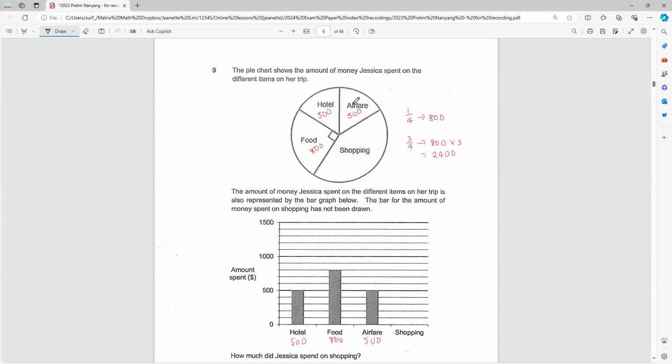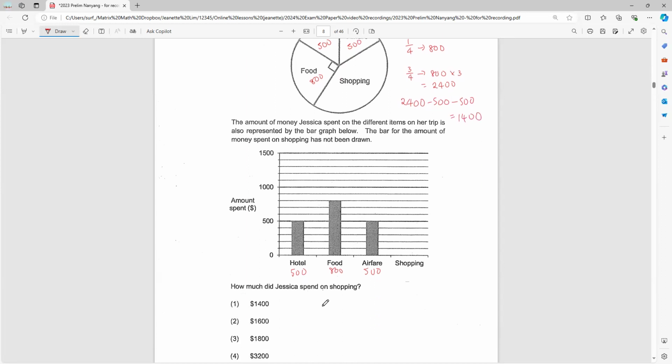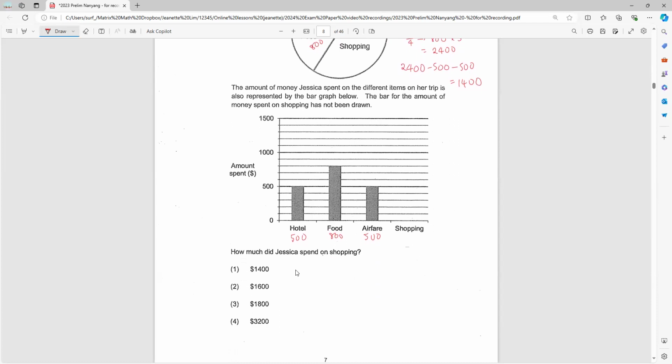Then you minus away hotel and airfare. Which is 1,400. So how much did she spend on shopping? 1,400. Okay.